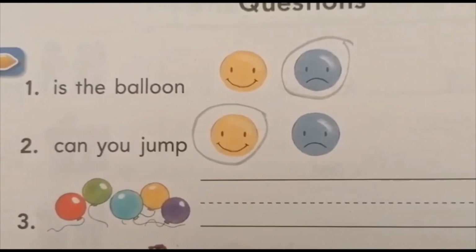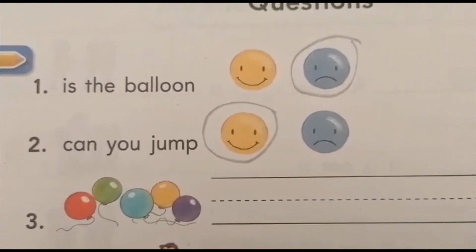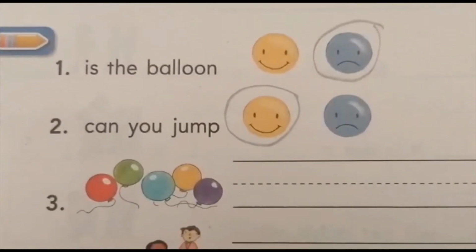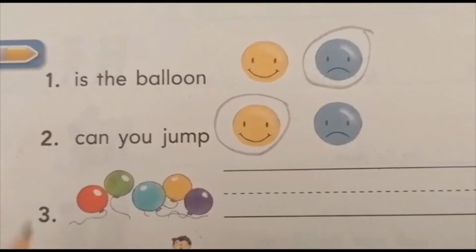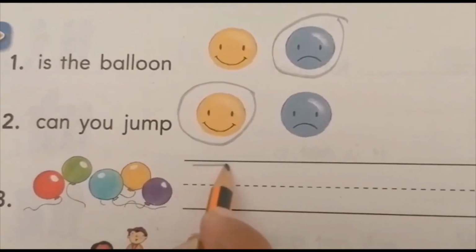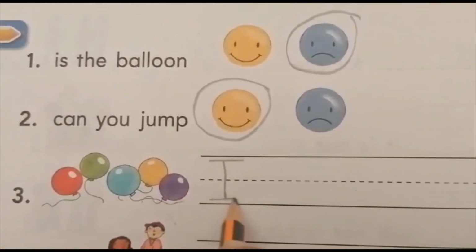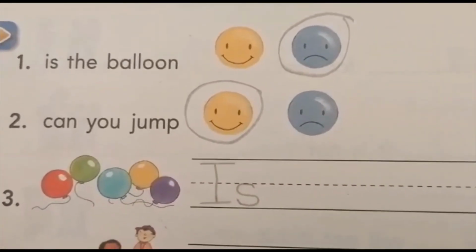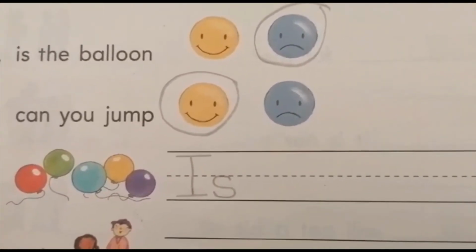So let's write it. Before we begin writing, how do we write a question? We start with capital letter. So let's write it. Is. Remember to write between the lines and keep a spacing after each word.